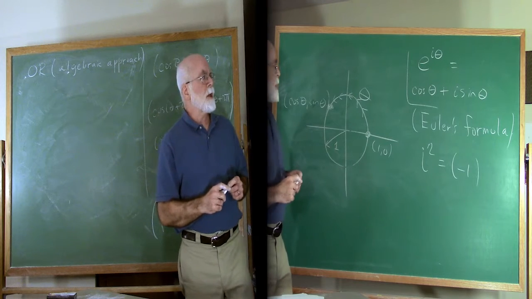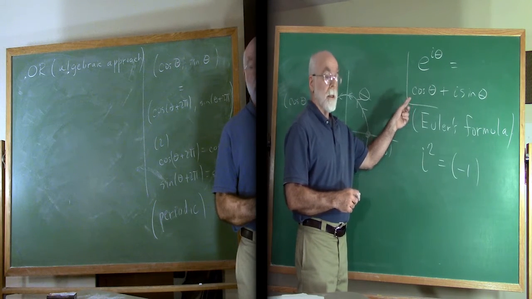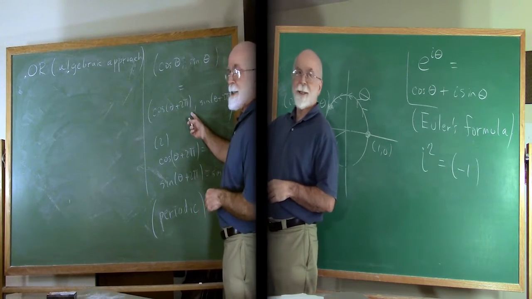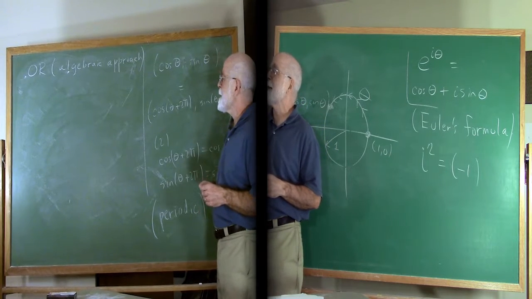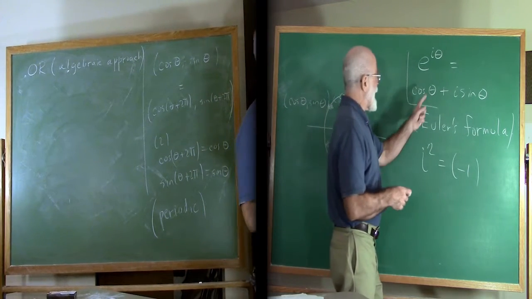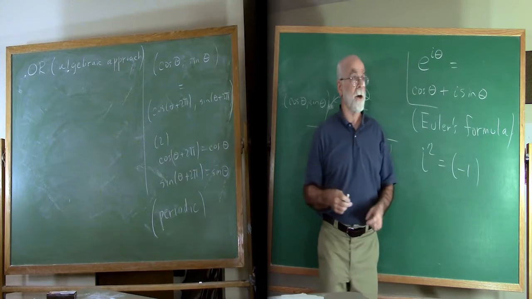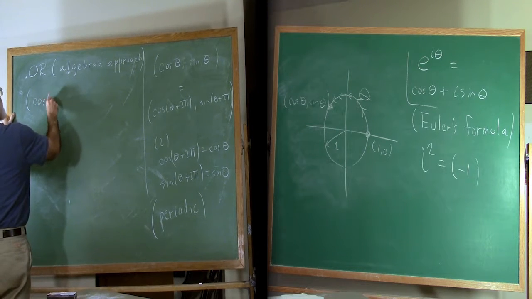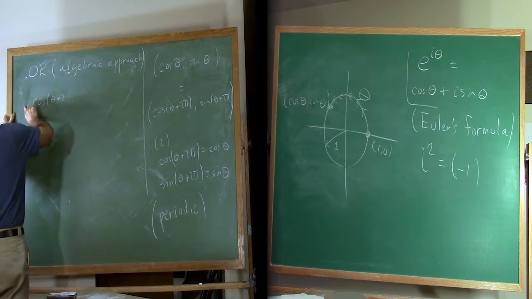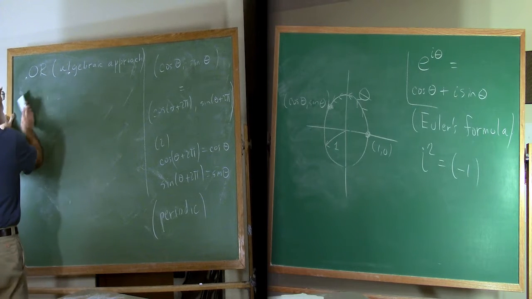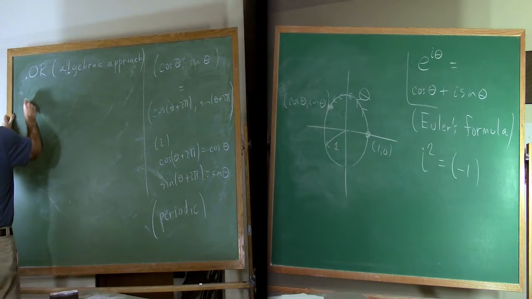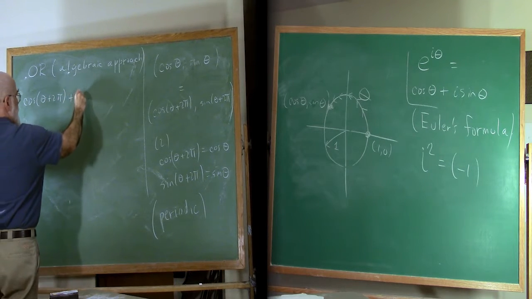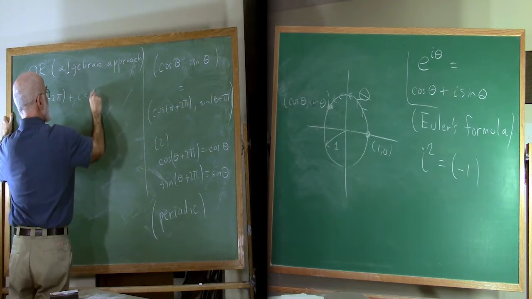What I mean by algebraic here is Euler's formula. Let's see, we're starting out, we want to worry about cosine and sine of theta plus 2 pi. We can patch those two together using Euler's formula: the cosine plus i times the sine, in this case applied to theta plus 2 pi.